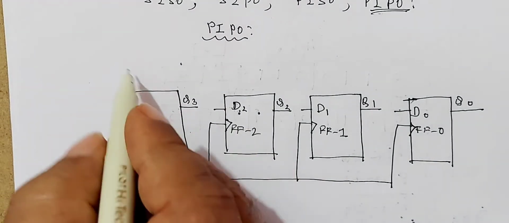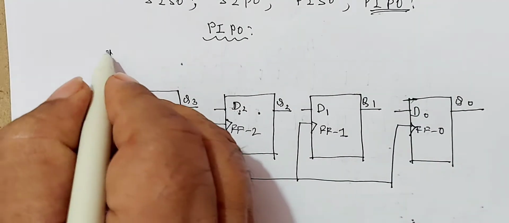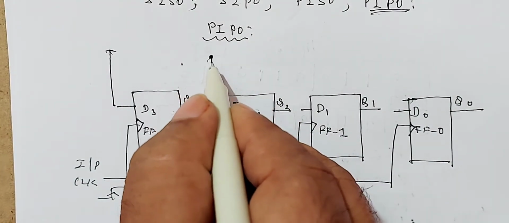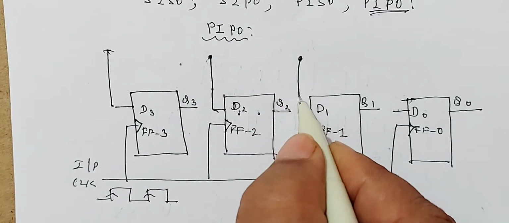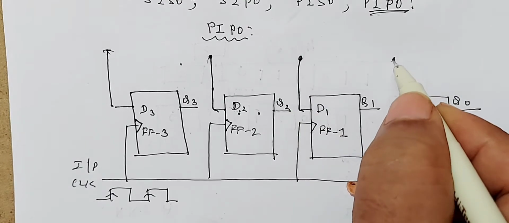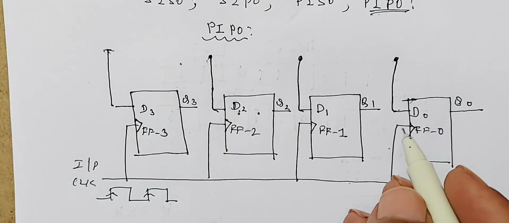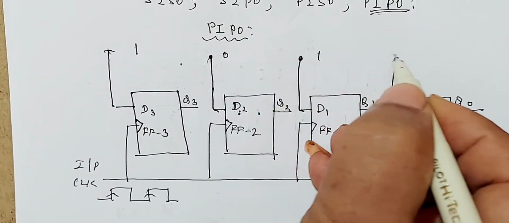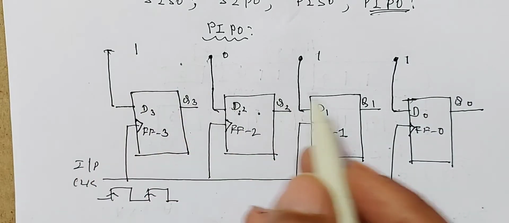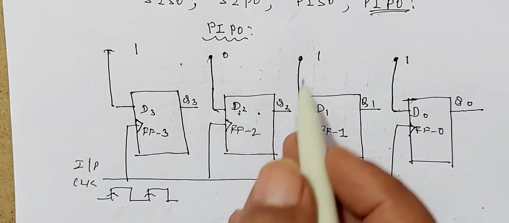I will apply input D3 here, input D2 here, input D1 here, and input D0 here. I will explain this with an example. Let the input be 1011. This 1011 is applied to all the flip-flops simultaneously.